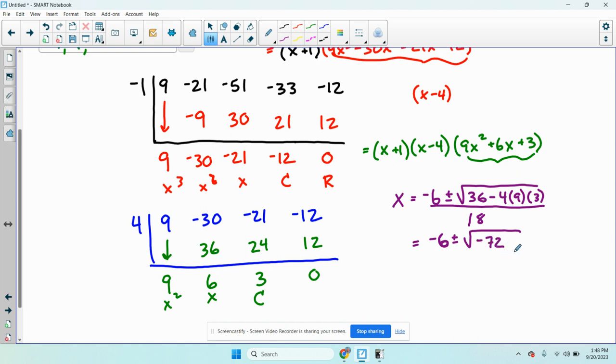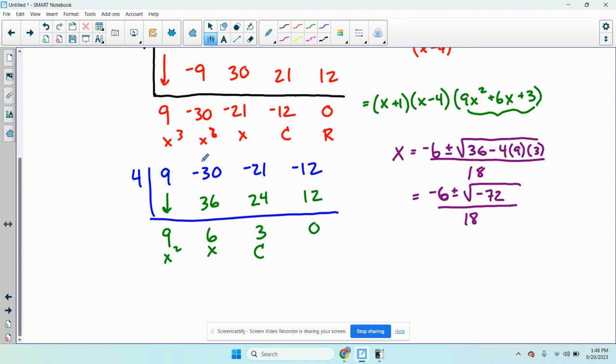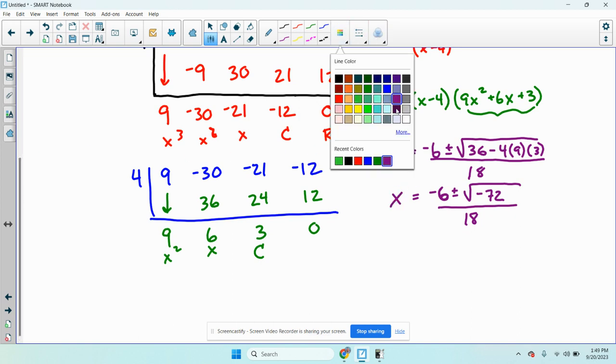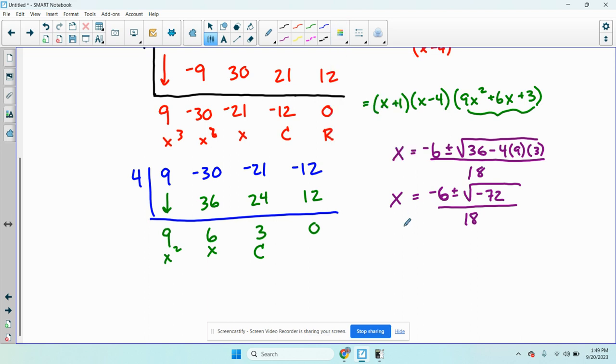-72. There's the negative square root, so it's going to be non-real. And moving right along, we get x equals -6 plus or minus square root of 72. Well, the negative is going to come out and be i.